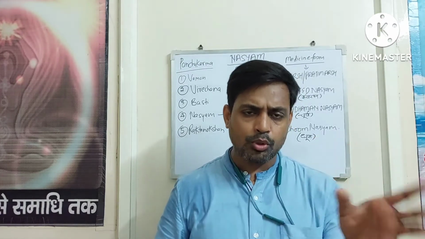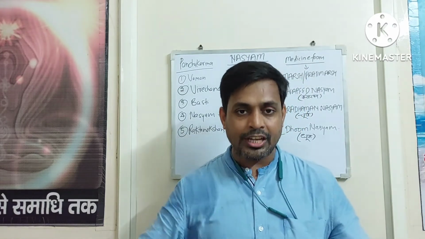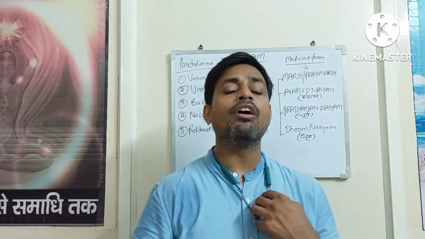Put 2 to 3 drops of this medicine and it starts belching, and the patient gets relief in abdominal distension. It also works in various headaches, like Vata Pradhana headache.